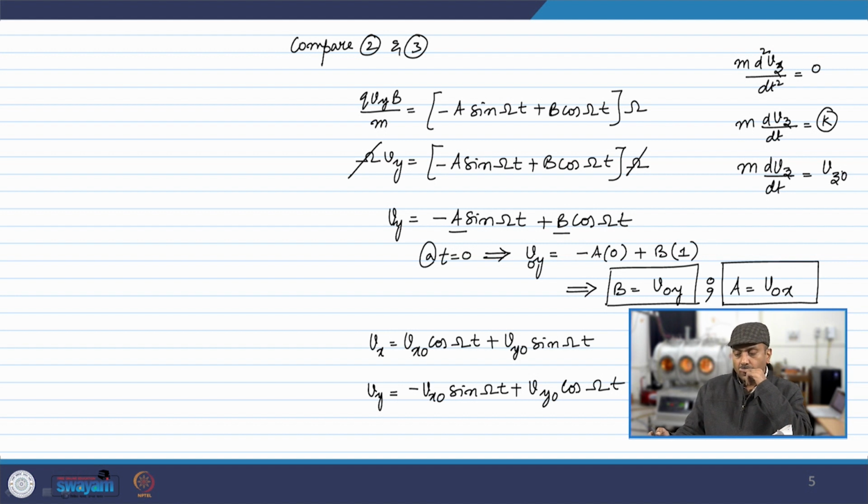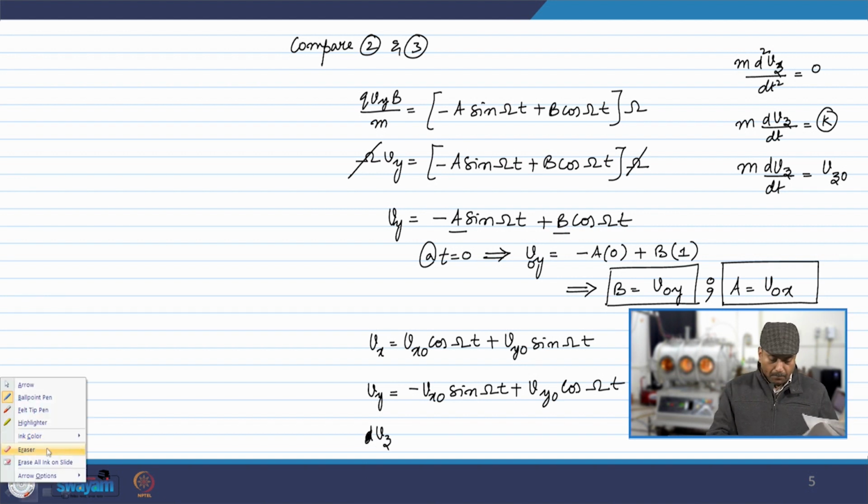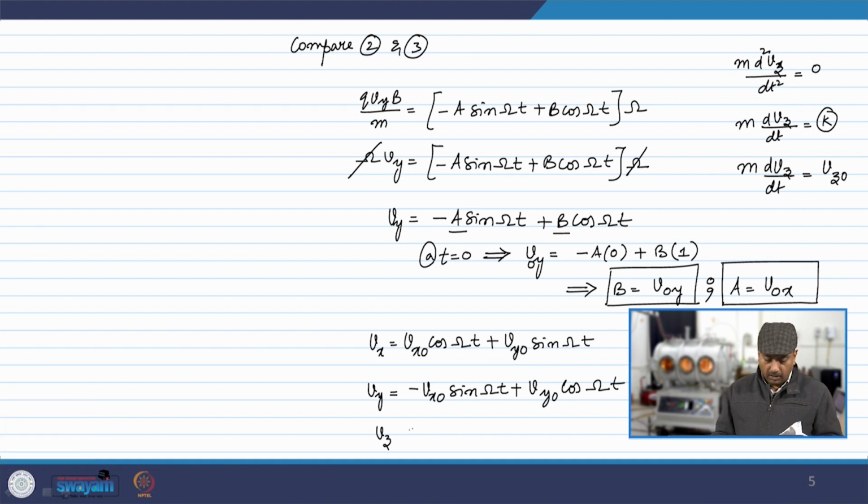We have more reason to call that as the initial velocity, because as per our understanding so far, the initial velocity along the z axis will be uninfluenced by the magnetic field, which means it will remain a constant of time. So, since vz will remain a constant, that is the point that we are trying to make, vz will simply be vz0.